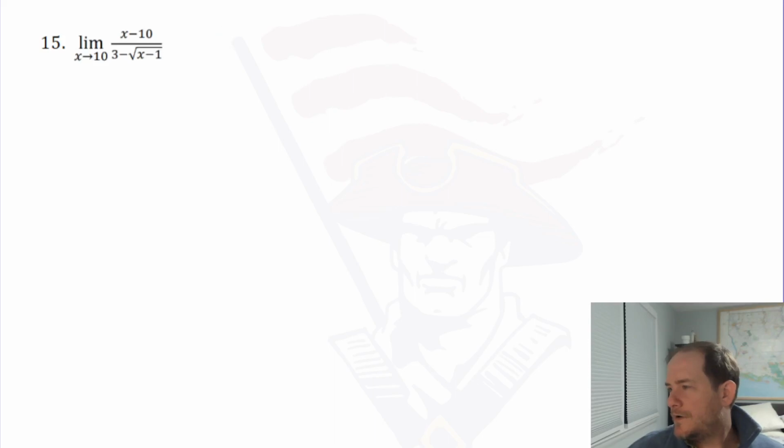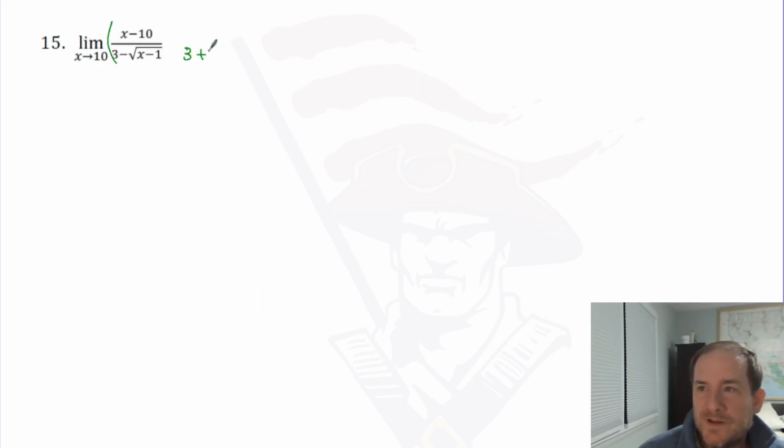So we're multiplying by the conjugate of the term in the denominator this time. So that'll be 3 plus root x minus 1, and 3 plus root x minus 1. And in the numerator, we'll go ahead and just not simplify.